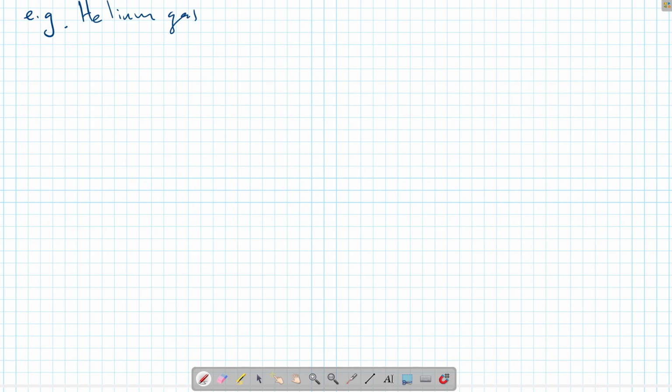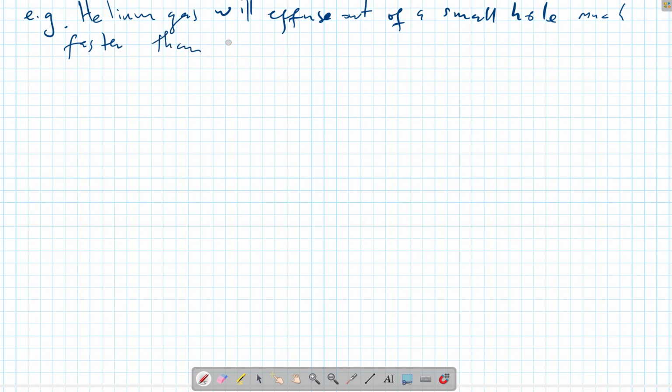Helium gas will effuse out of a small hole much faster than, say, nitrogen gas, nitrogen molecules.